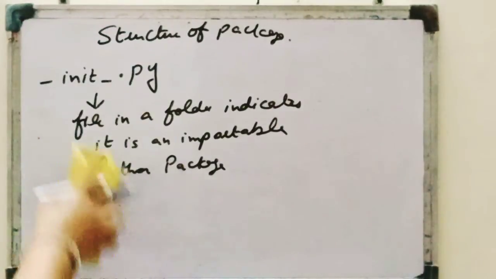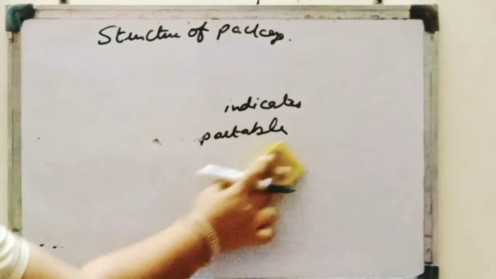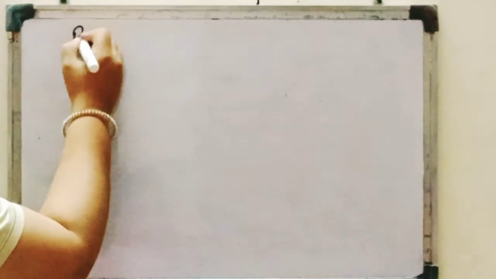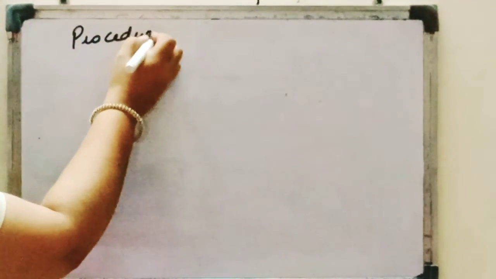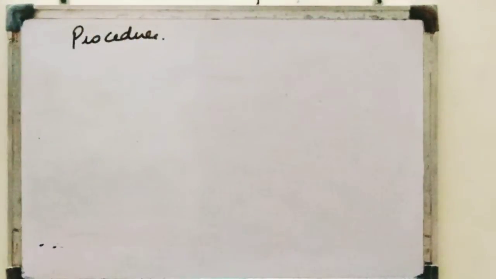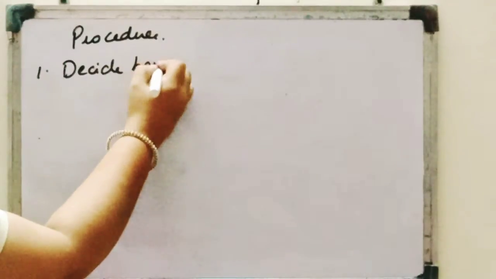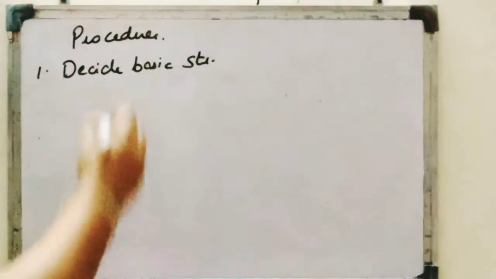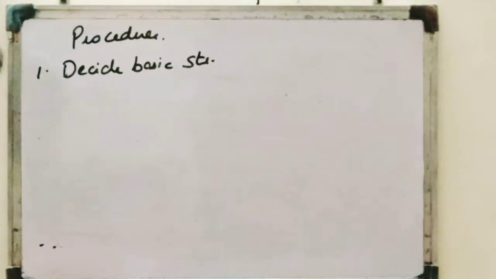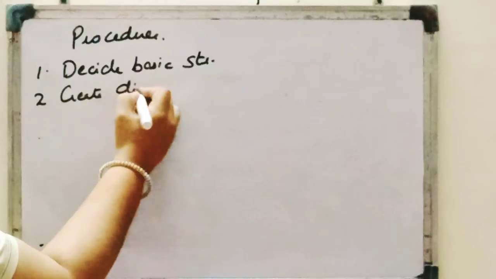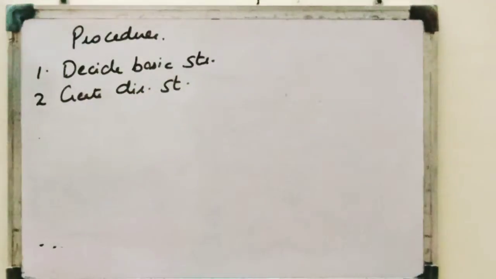Okay, so how can you create one? Basically I'm saying the procedure for creating a Python package. Very firstly, you have to decide the basic structure of the package. Second, you have to make the directory structure also.